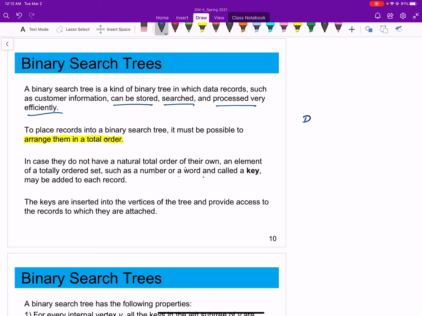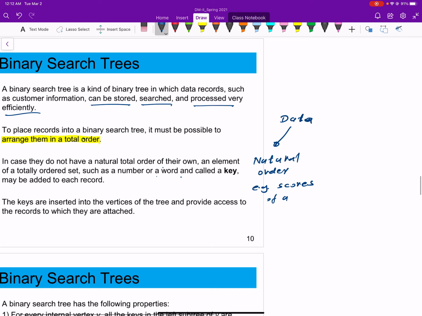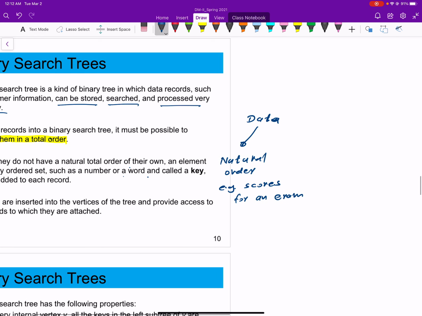If you consider data, some of them have natural order, like scores for an exam. Scores have an order, right?